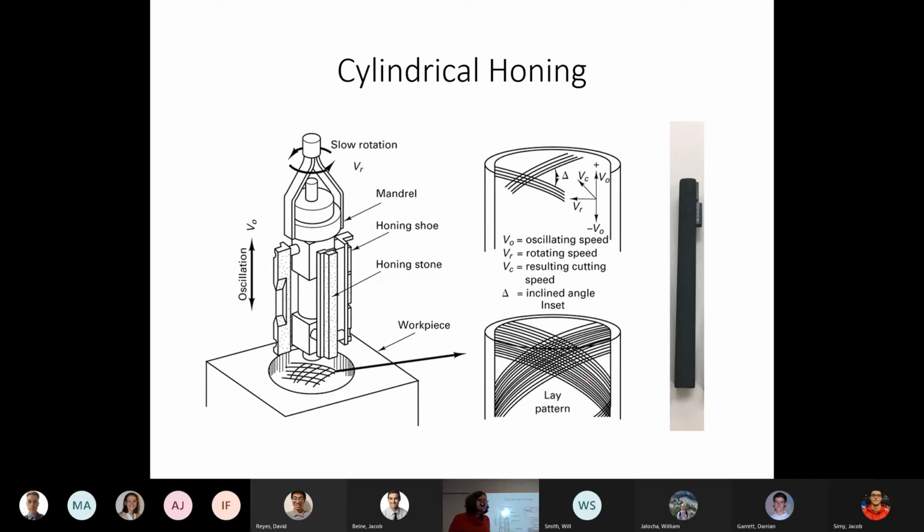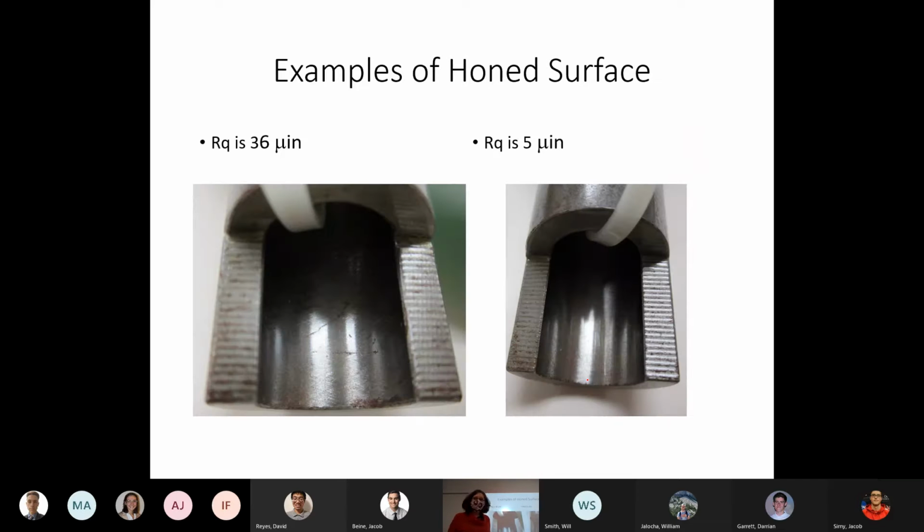So how might we use a honing situation? I don't know how well this is going to come across. Here's an example of a honed surface. These happen to be measured in R sub Q, which is that root mean square as opposed to R sub A. But you can kind of see the path on the larger one, and over here, this one's harder to see, but it does look like you have that surface, and also it's much smoother.